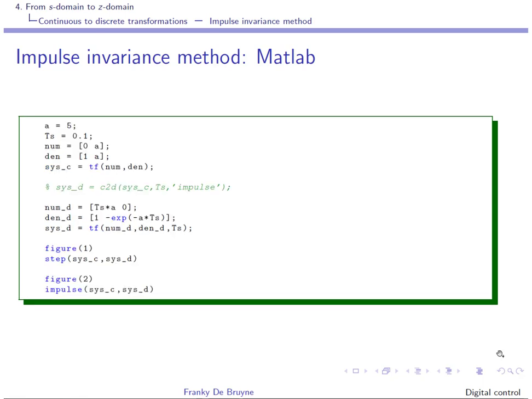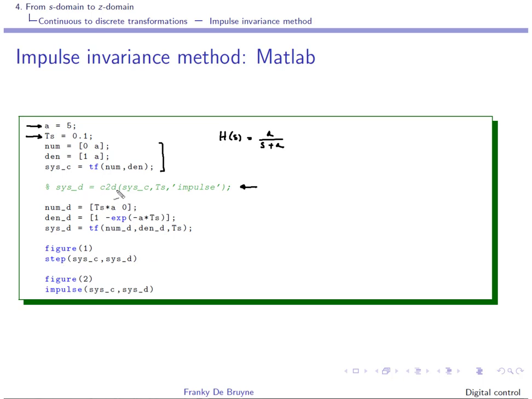So here are some results with this transfer function H(s) that we have considered, a over s plus a. Here we have given a the value 5. We discretize with Ts equal to 0.1. So this is the code to enter the continuous time system. You could of course use the command c2d, but here we want to check our results and have a look at the step and impulse responses.